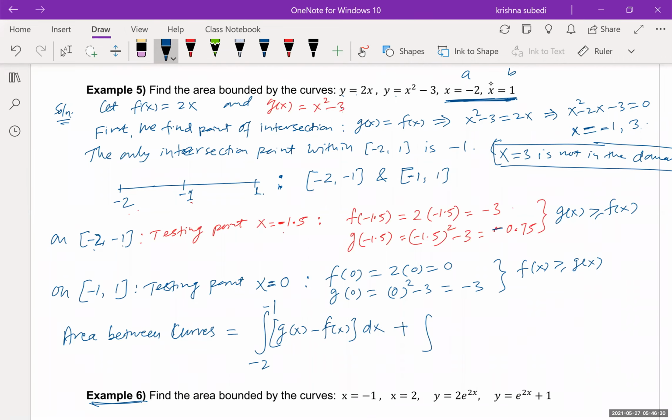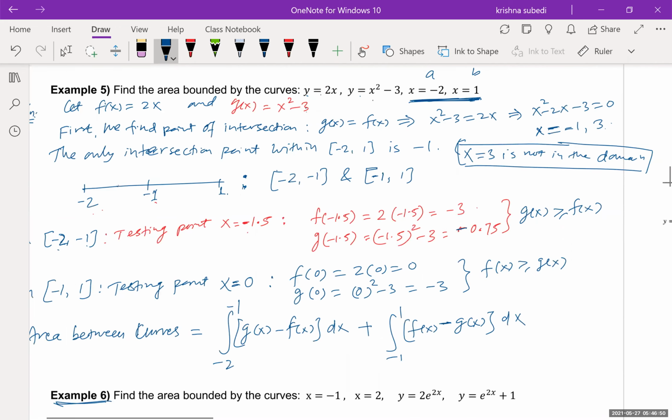And from negative 1 to 1, which one is bigger? F is bigger. F of x minus g of x dx. Okay, now let us just substitute the values.